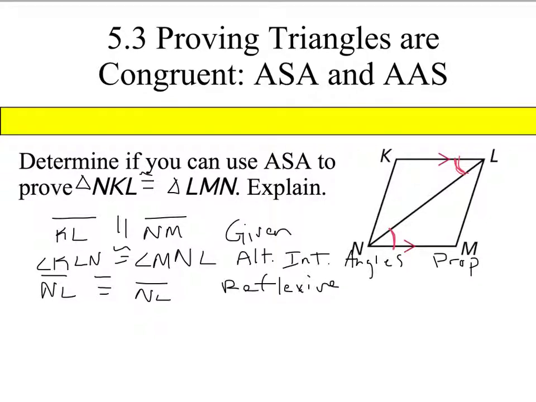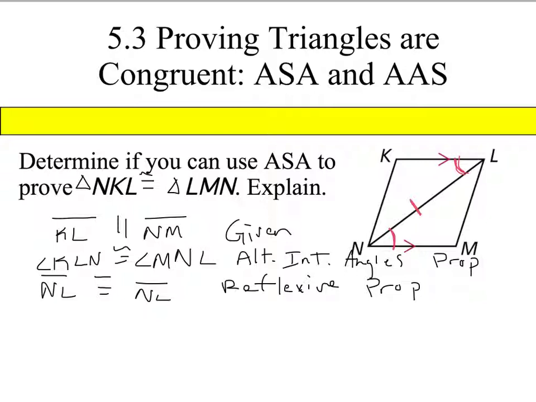Okay, so now looking at this, I know that an angle is congruent to an angle on the other triangle. I know the side is congruent on the other triangle. However, I cannot prove that the other two angles are congruent.